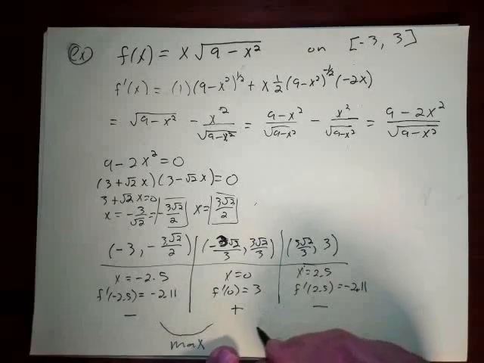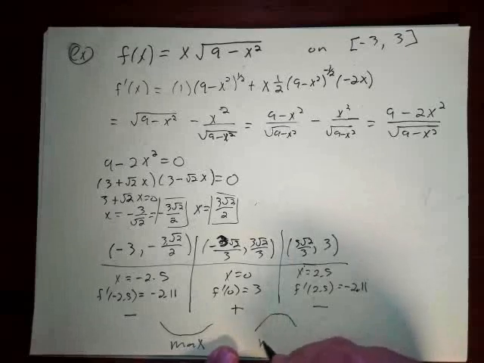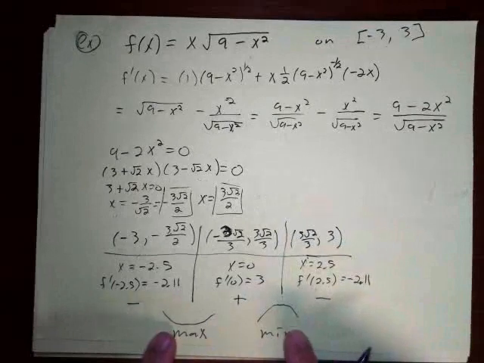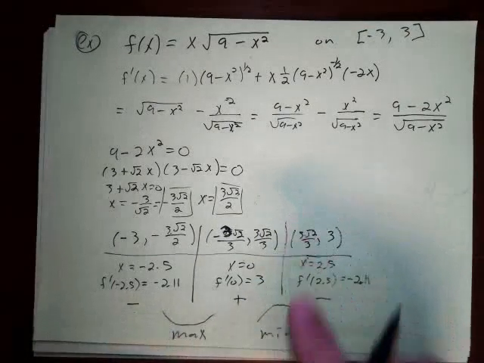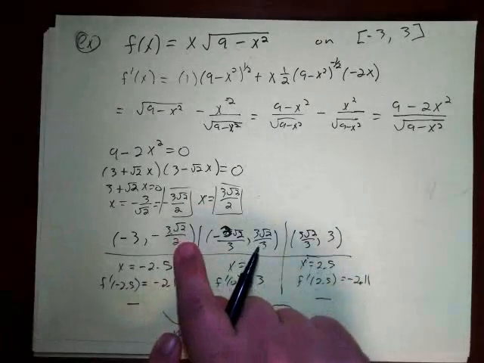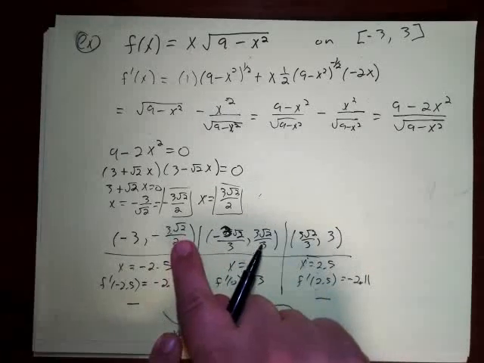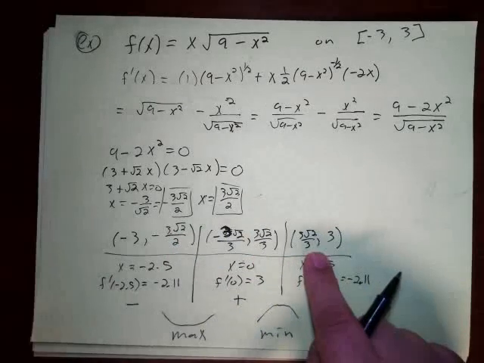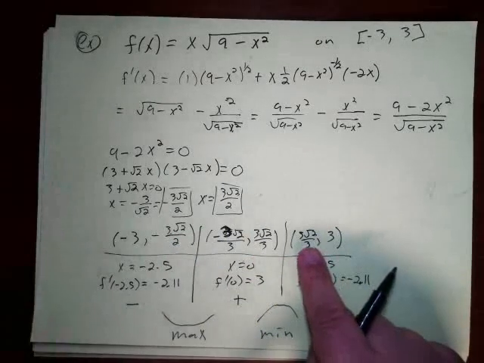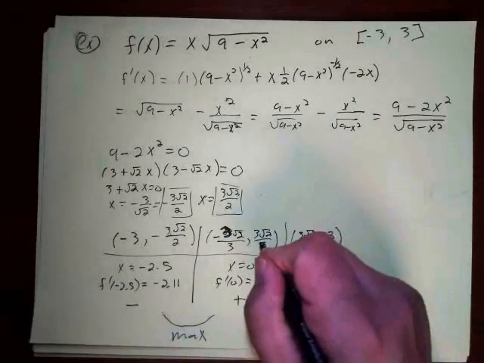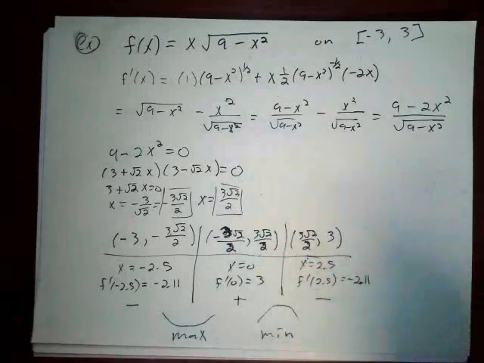And then here it goes from increasing to decreasing, so you get a max at positive 3 square root of 2 over 2. Sorry, I did this all wrong, I am so sorry. That's such a weird number anyway.